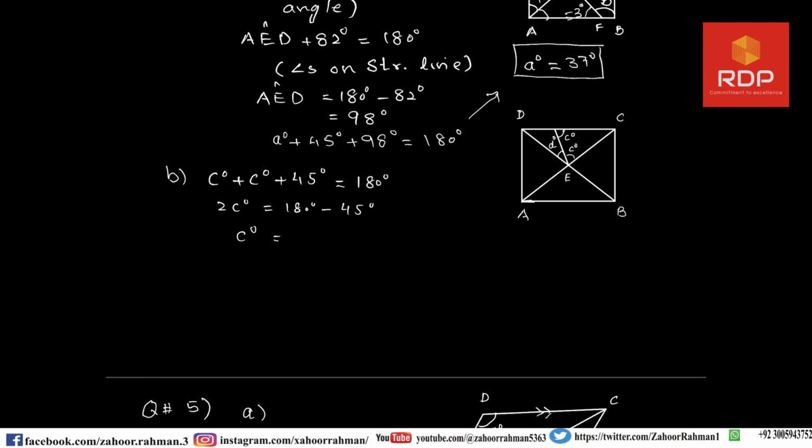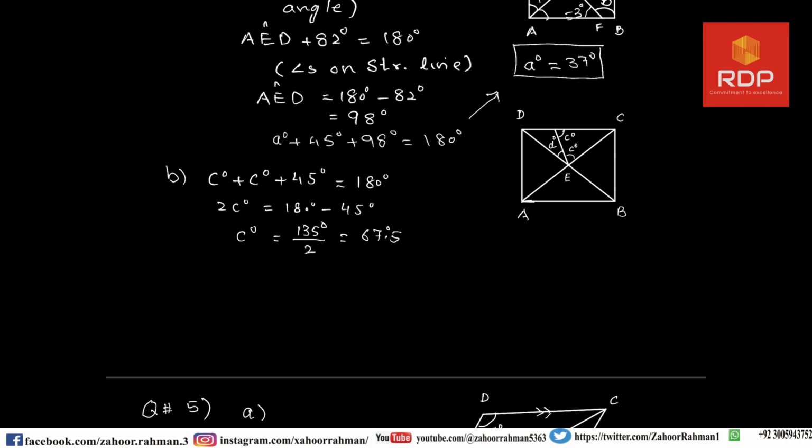That is 135, and 135 divided by 2, I am doing it directly, divide by 2, which will be equal to 67.5 degrees. Okay, now we have to find the value of d.